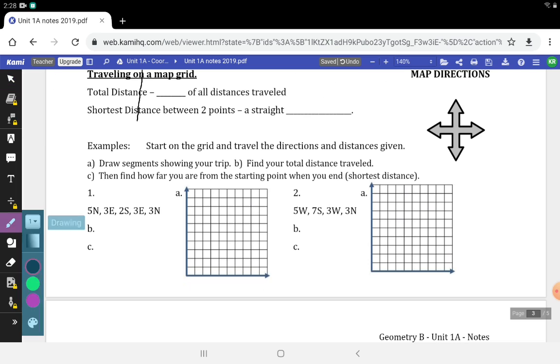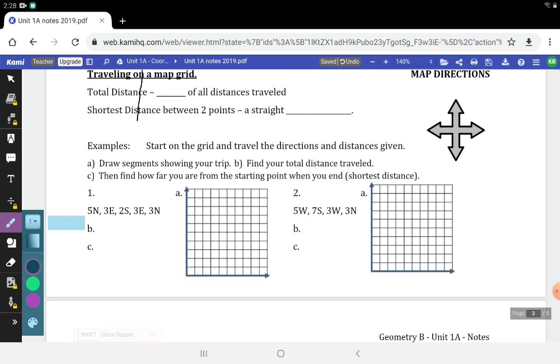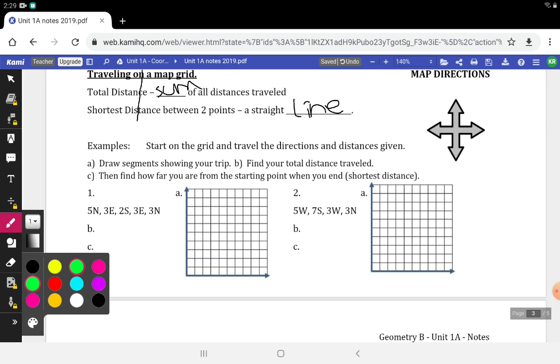All right, so we can find the total distance by finding the sum of all the distances, and then the shortest distance between 2 points is a straight line. Okay. So again, I know that you've done this in Geometry A and that it's a review, so I'll just do one example. Say the first one.